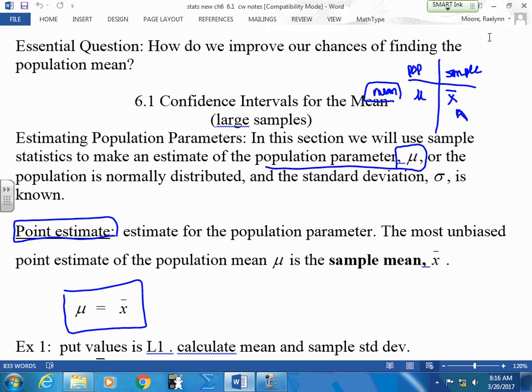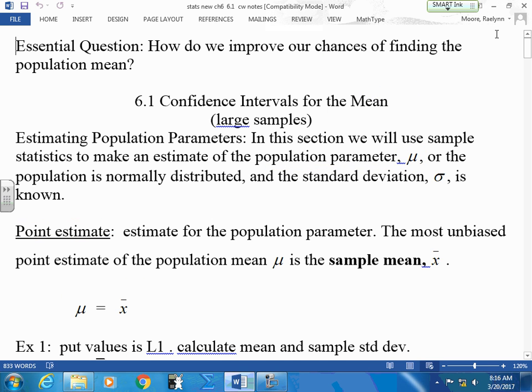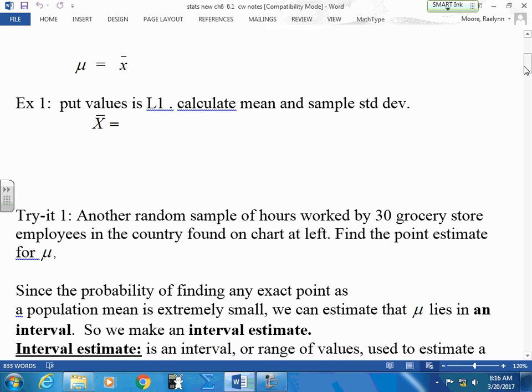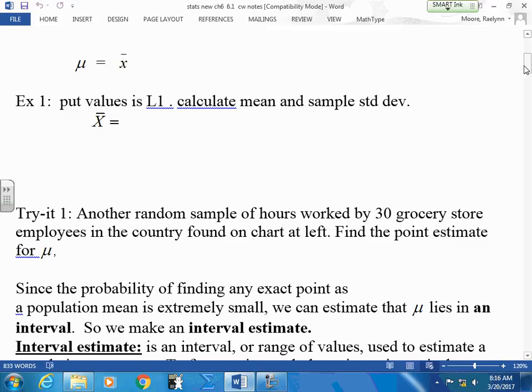We're going to use your calculators. We're going to be finding means. We're going to be finding standard deviations. So example 1 gives us a whole bunch of data, and this data we're probably going to see again in the rest of 6.1. It says an economics researcher is collecting data about grocery store employees in counties.